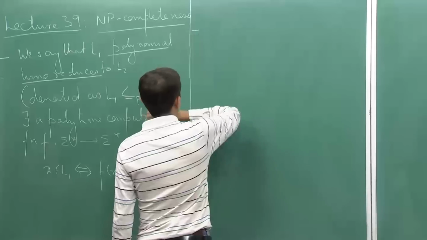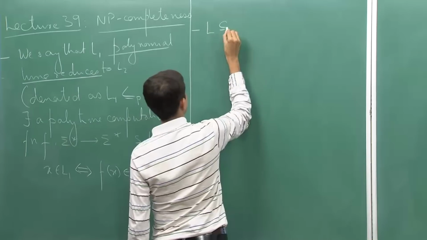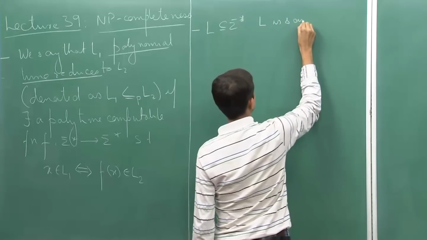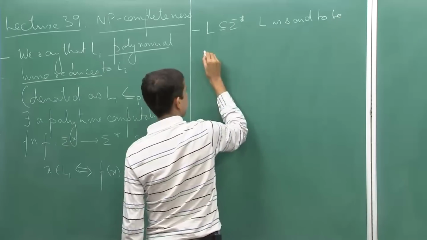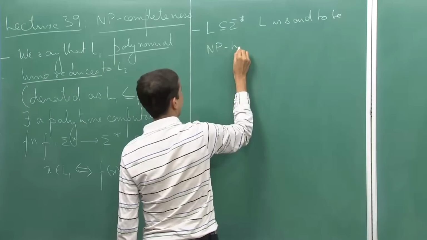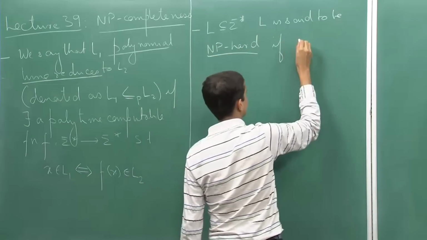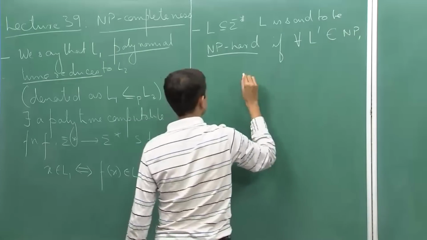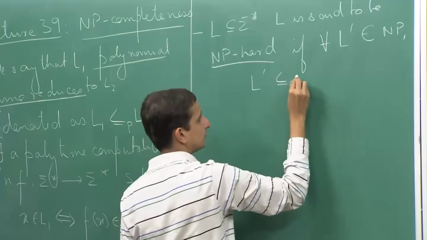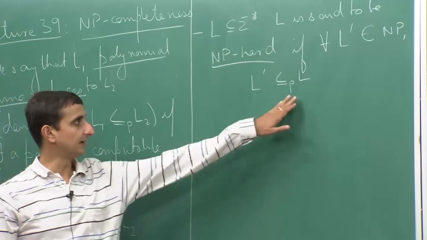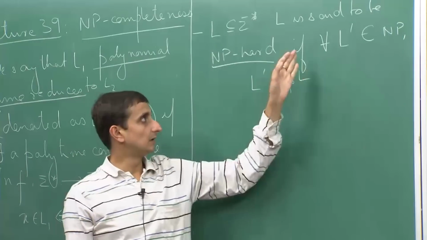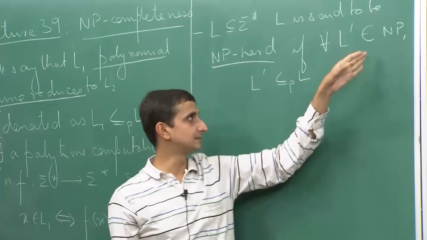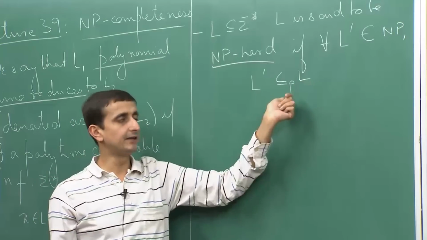Now let L be some language. L is said to be NP-hard if for all languages L prime belonging to NP, L prime polynomial time reduces to L. In other words, a language L is NP hard if every other language in NP, or every language including L itself, must reduce to L in polynomial time.